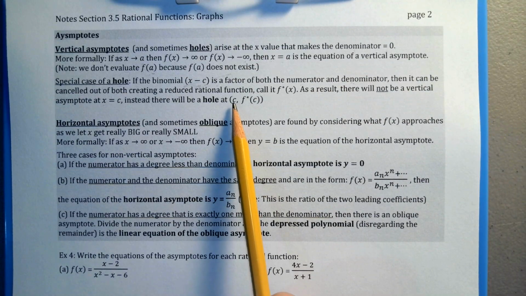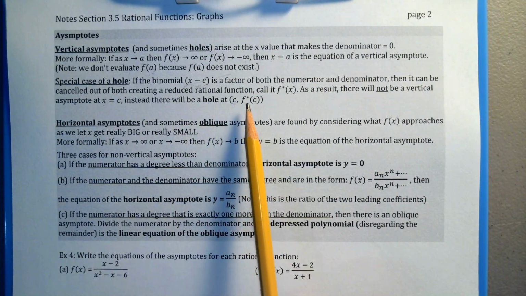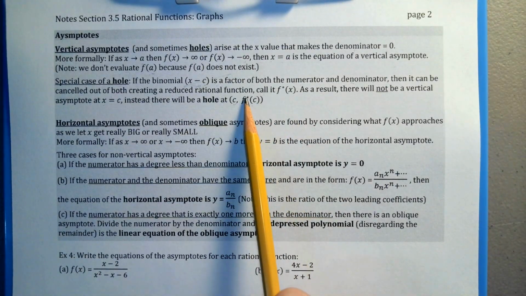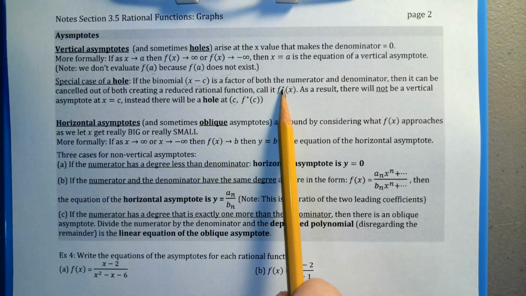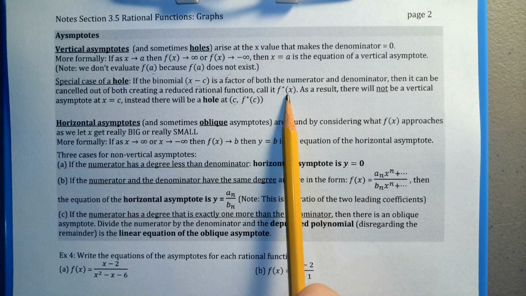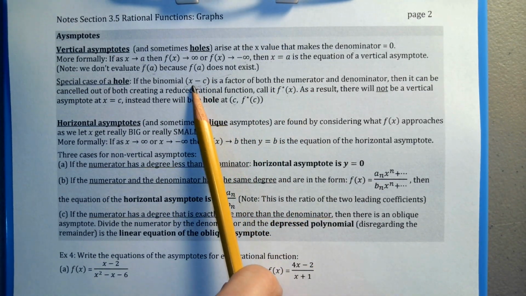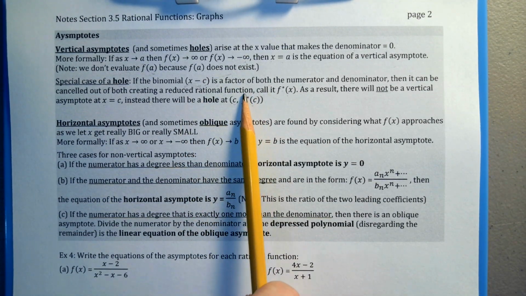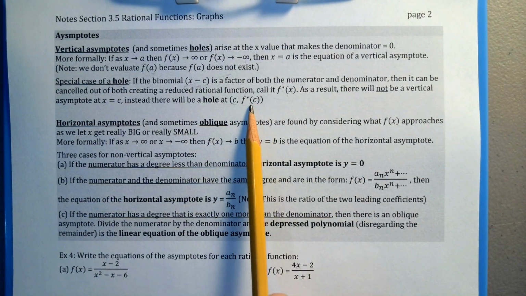If we plug c into the new reduced function, which we're calling f of x with a little asterisk to differentiate it, the one after we canceled out the binomial upstairs and down, then we'll plug c into that reduced one to find the y coordinate of the hole.